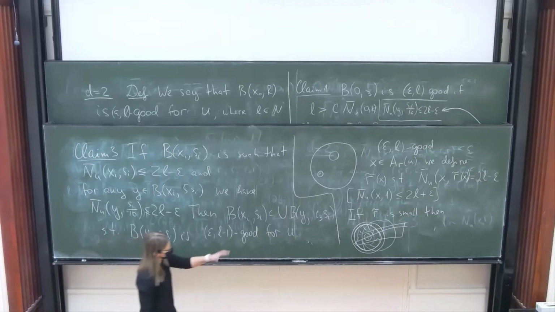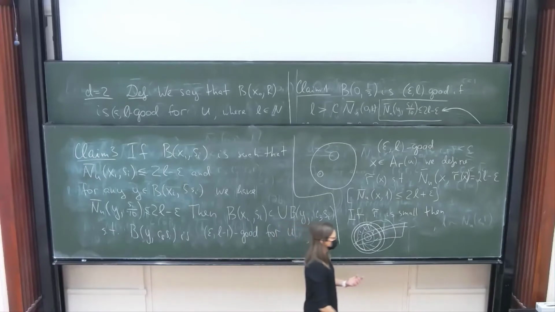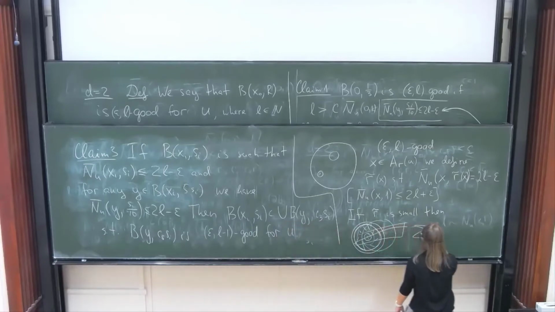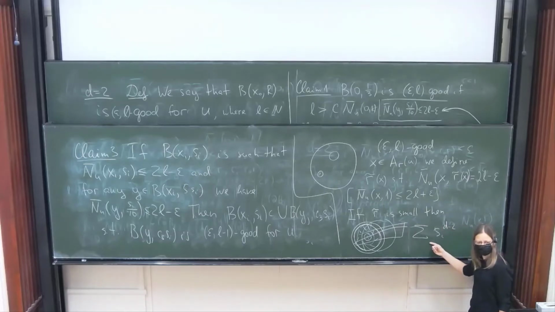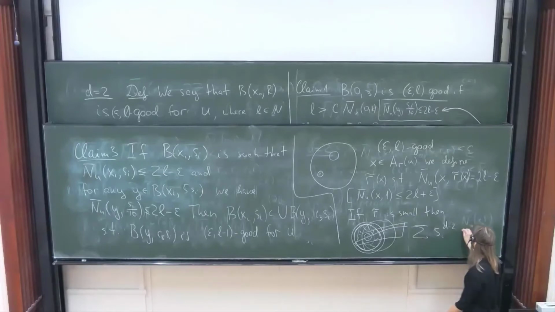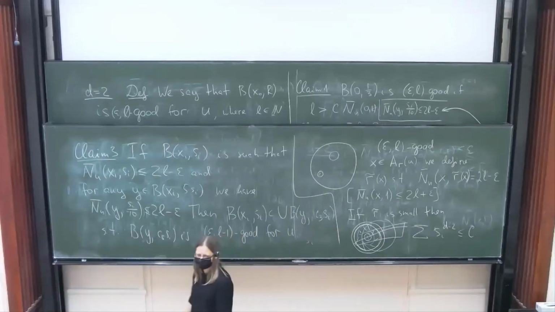So instead of saying that you can do it with finitely many, you try to control the sum of the powers d minus 2 of your balls, and see that it is bounded by a constant if we normalize everything. And then you do it many times.